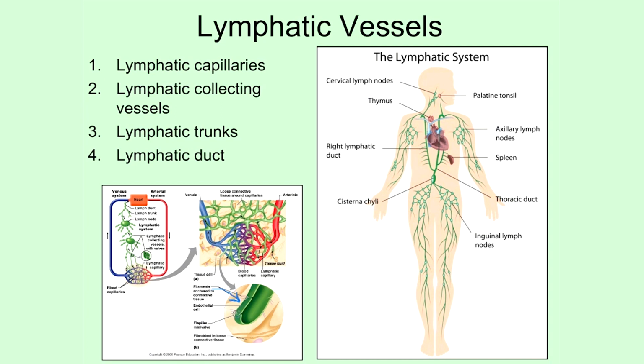This flap-like mini valve allows basically the entire wall of that lymphatic capillary to open up, which makes lymphatic capillaries tremendously porous. They will absorb the fluids, they will absorb the proteins, they are even able to absorb things as large as cells that get introduced into tissues, because of these flap-like mini valves that open up.